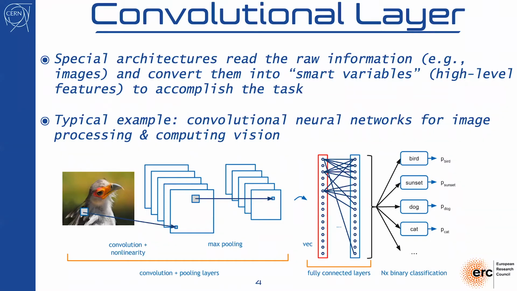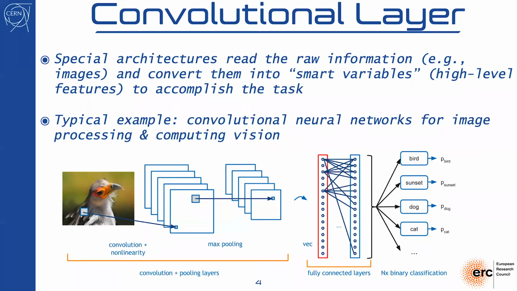The way this works is that, as we discussed yesterday, deep learning is particularly good at reading raw information directly, as opposed to starting from high-level features that could be justified by some knowledge that you have of the problem. And this is basically the essence of convolutional networks.